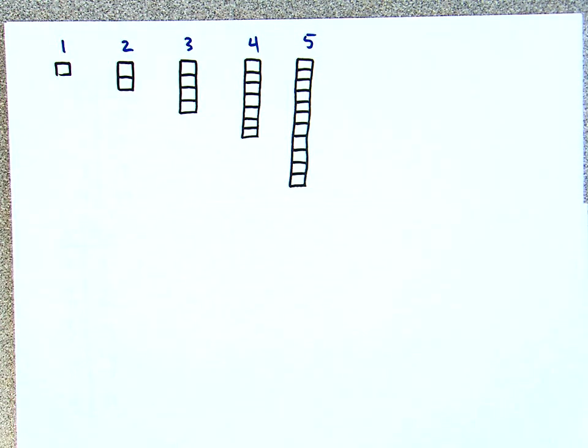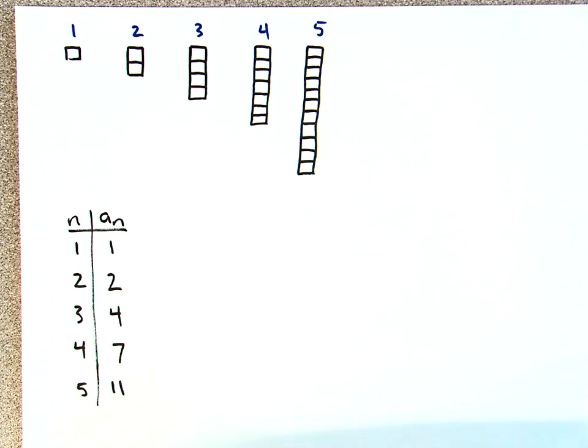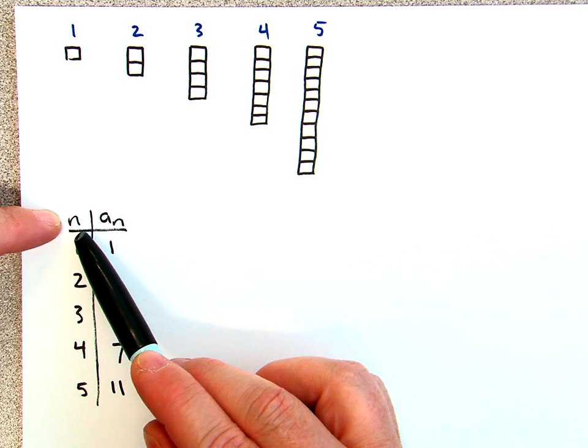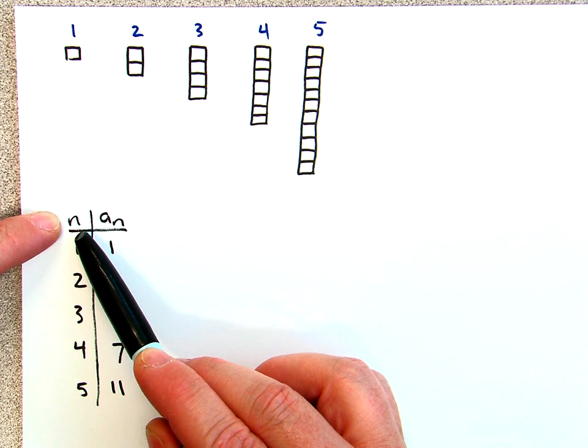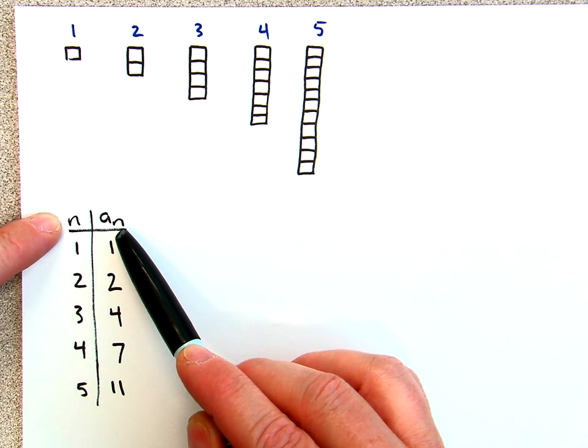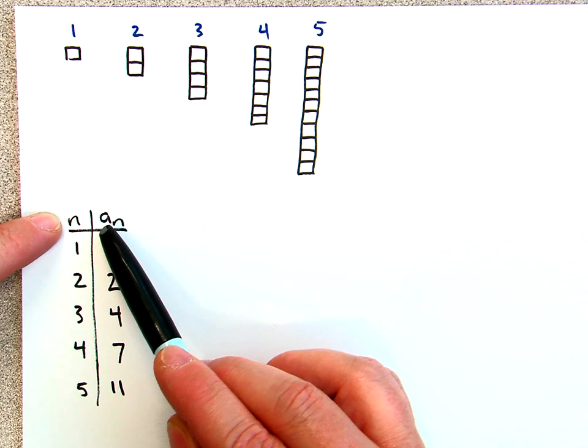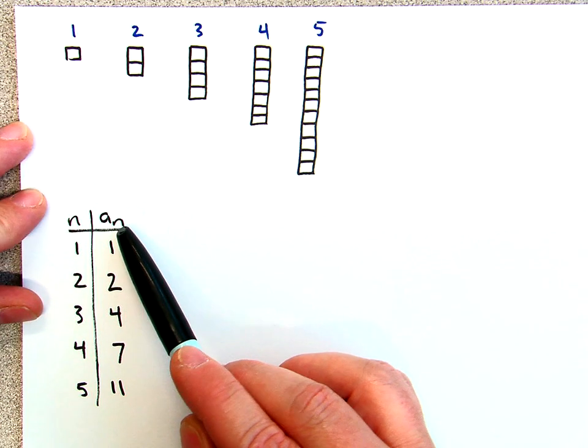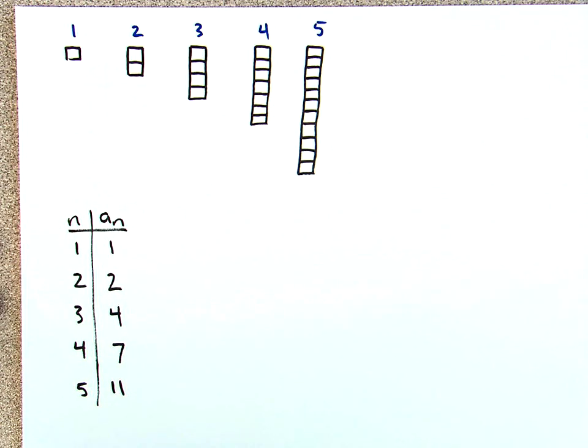And I can maybe list the values instead of looking at them as blocks, because the blocks will be very cumbersome and time-consuming to make. So a lot of times what we'll say is we'll let n be which image we're looking at. A with a subscript of n will be the amount, in this case, of blocks in that said image.